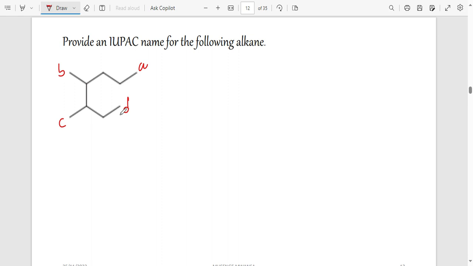From D. Okay, very good. So this will be number 1, number 2, number 3, number 4, number 5, number 6, number 7. So what is going to be the name? Look at the numbering. What is going to be the name of this compound?